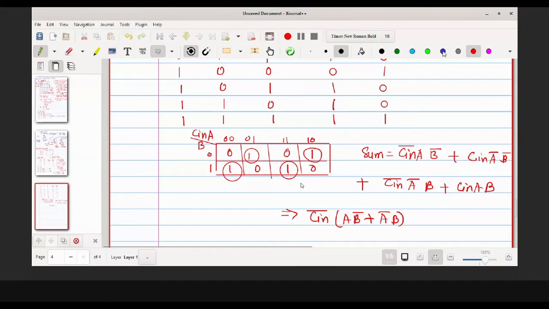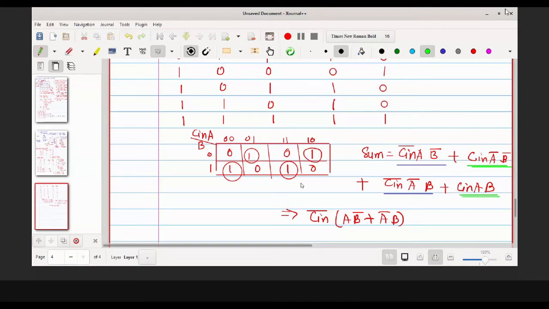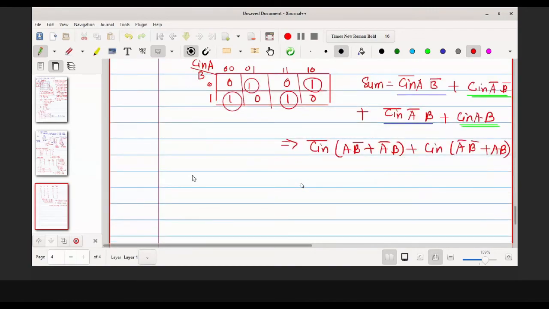What have I clubbed? I have clubbed this and this, and next time I will club this and this. So plus C in, A bar B bar plus AB. So this is coming out to be C in bar, and this is XOR, right?